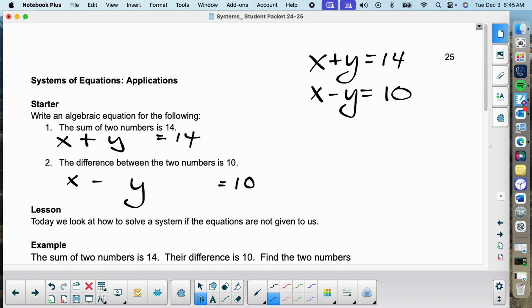Table 7. Yes, we should add them together. This one is set up for adding together because we've got a plus y and a minus y. It will cancel out. So x plus x, y minus y cancels, 24.